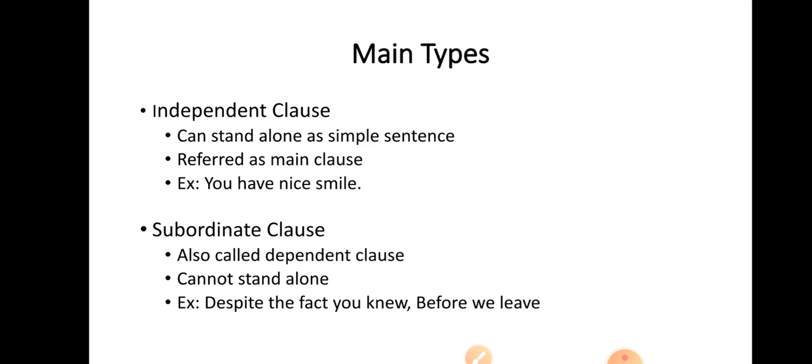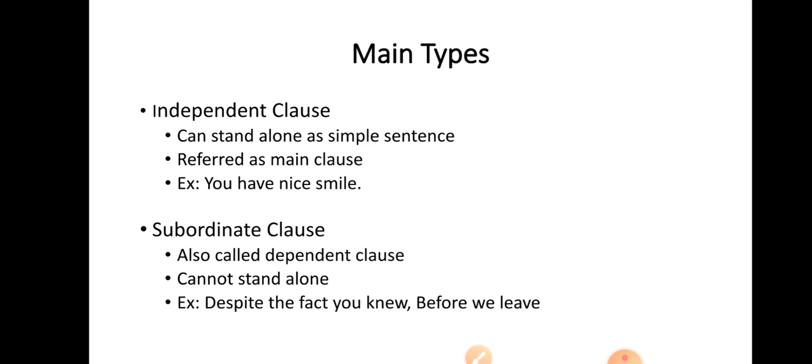This is what we were about to say in the previous slide. This sentence can also be called an independent clause, or we can call main clause, right? Independent, that word adjective should be noted. Independent clause can stand alone as a simple sentence which has its own subject and verb and gives a complete meaning, complete sense.